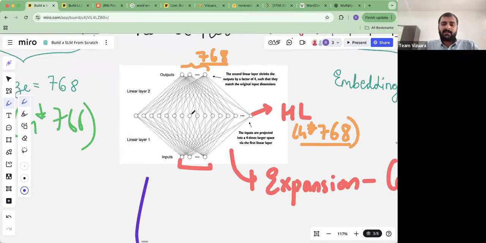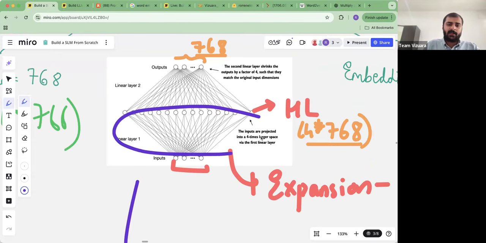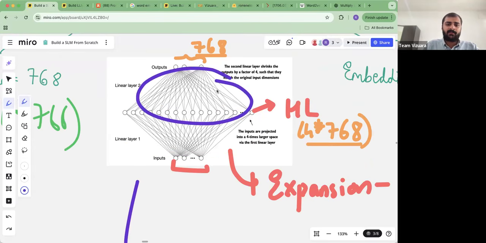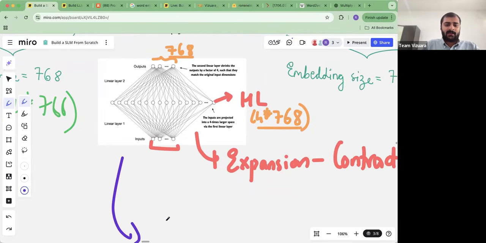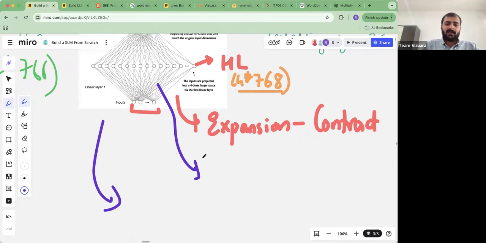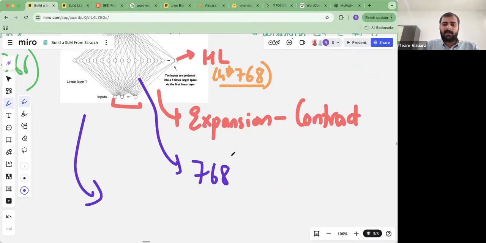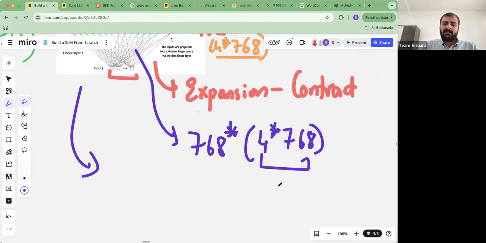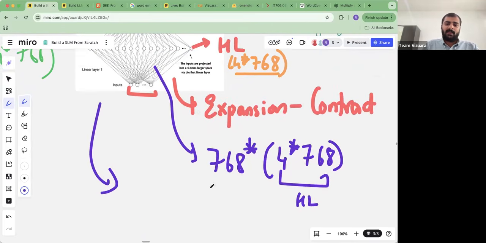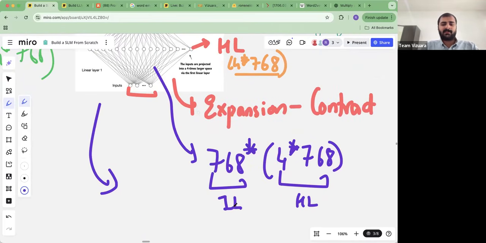Essentially, if you take a look at this layer, this is my input layer of the neural network. This is my output layer. Let me see if someone has got the correct answer. Yeah, so the number of parameters here are 768 multiplied by 4 multiplied by 768. Because the hidden layer has these many number of parameters and the input layer has these many number of parameters, right?